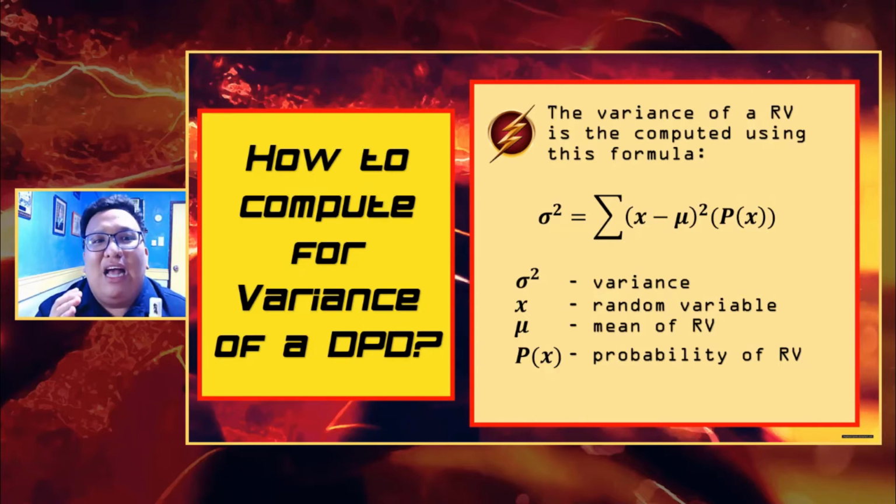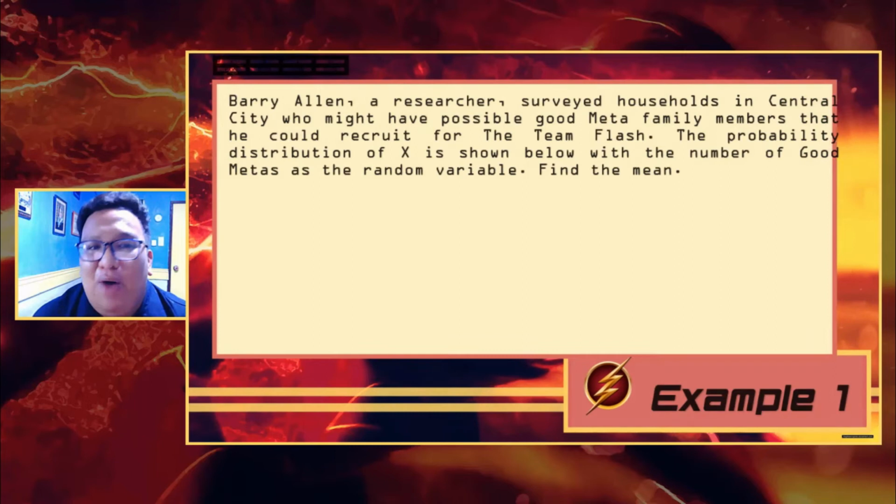So, just like how to solve grouped data, we'll do the same in the probability distribution. Alright? So, we're just going to obey the formula and follow it, and we're going to get the variance of the discrete probability distribution. So in this video, we're going to answer example number 1.